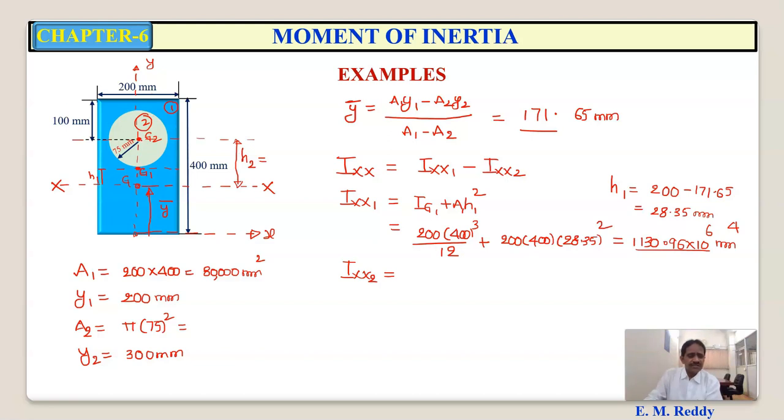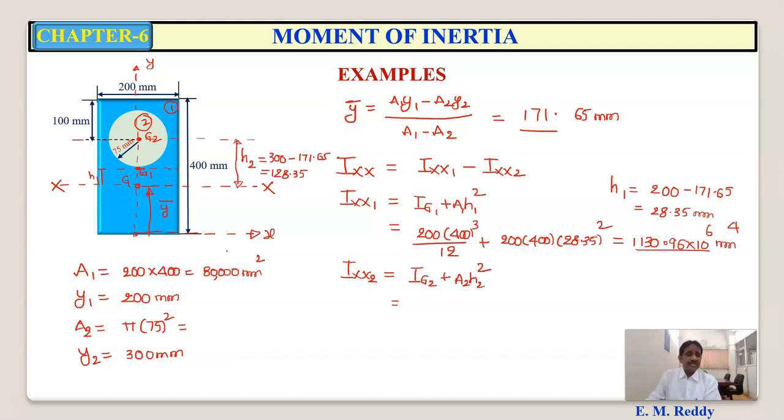So up to center it will be 300. So 300 minus y bar. Am I right? So 300 minus 171.65 is 128.35. So Ixx2 is I2 plus A2 H2 square.